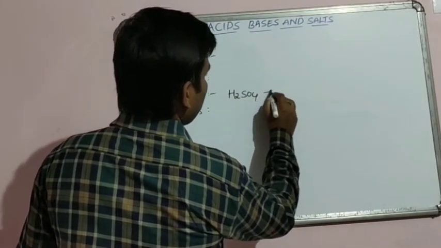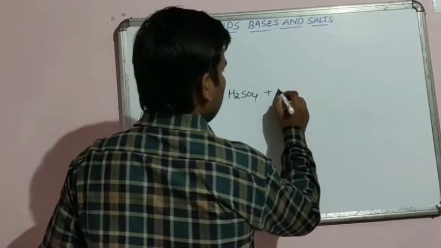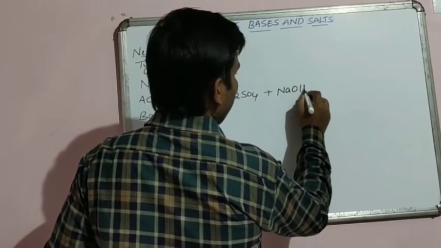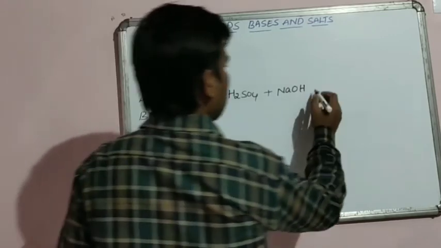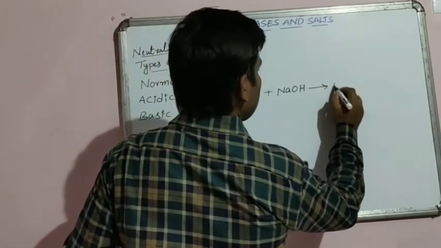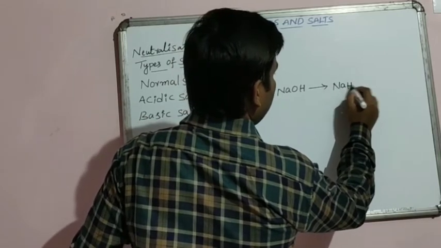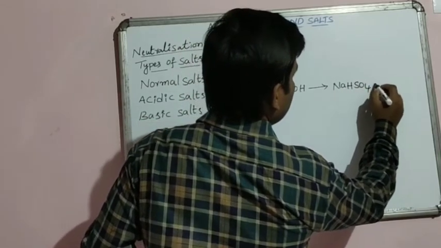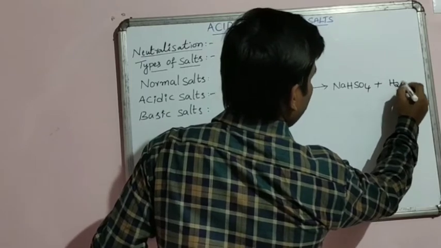H2SO4, sulfuric acid, and sodium hydroxide form sodium hydrogen sulfate plus H2O.